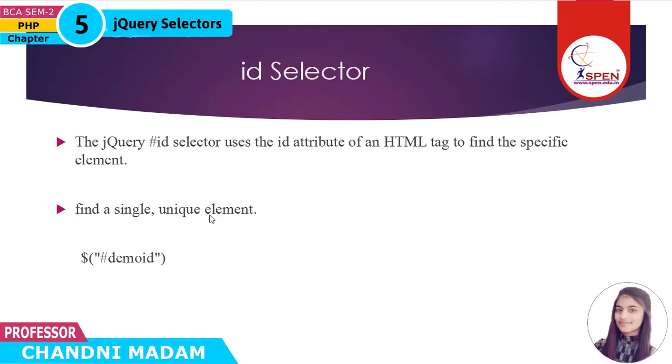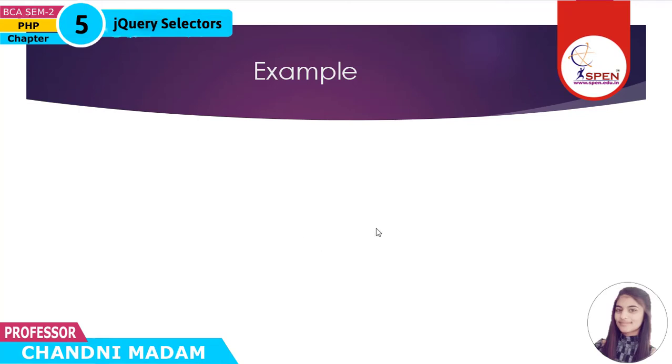To find an element with a specific ID, write the hash character followed by your HTML ID. Here we will write dollar, and in the parenthesis we will write hash and our ID name. So you can see #demoID, where demoID is your element's ID name. Let us see one example to better understand.